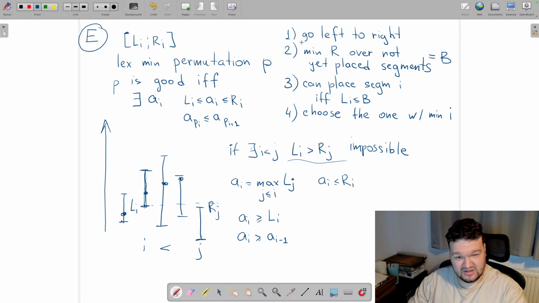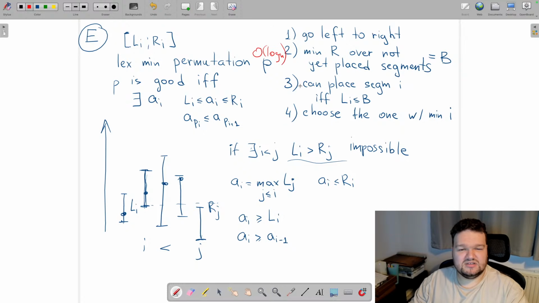For example, we need to maintain a set of segments that are not yet placed, sorted by the right border. When we choose some segment, we will remove it from the set of not yet chosen segments, which will allow us to do the second step in O(log n).